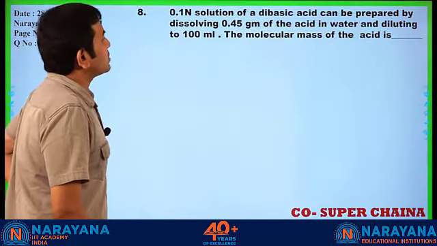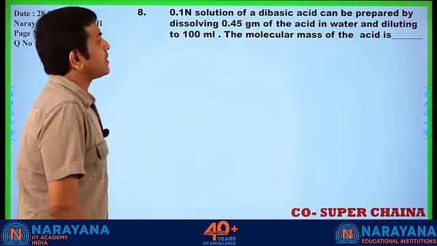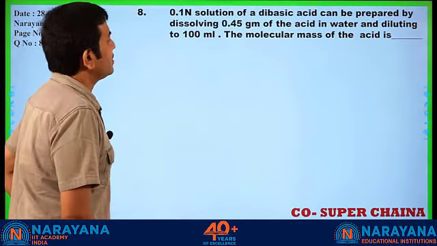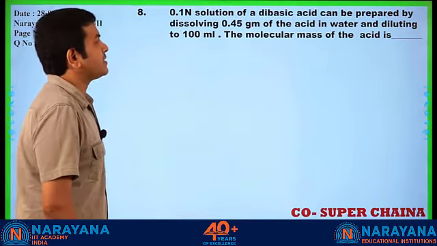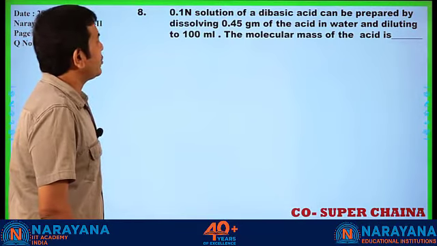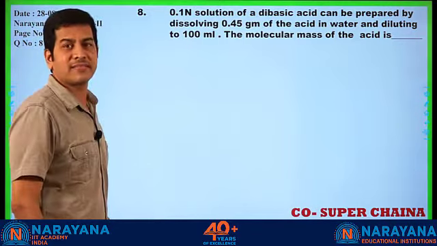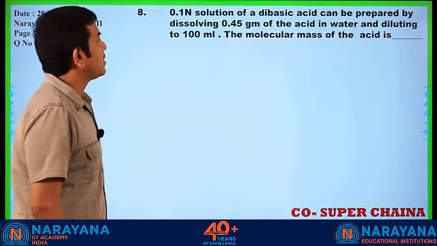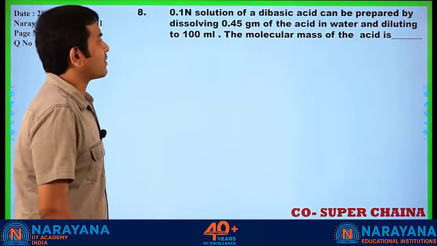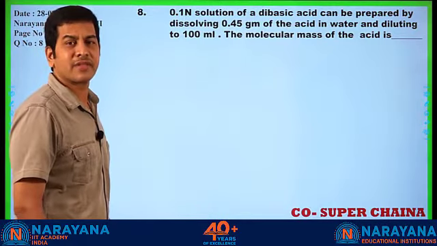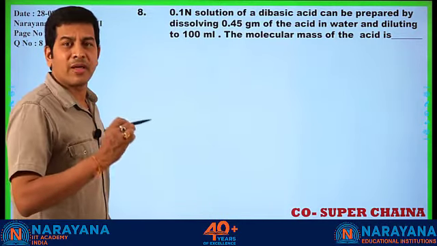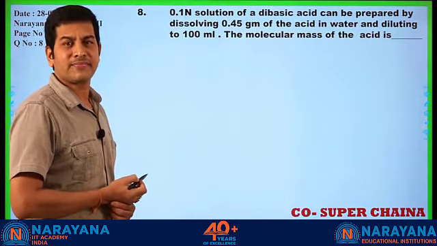0.1 normal solution of dibasic acid can be prepared by dissolving 0.45 grams of acid in water. On diluting to 100 ml, the molecular mass of the acid is? You know one formula to calculate normality.